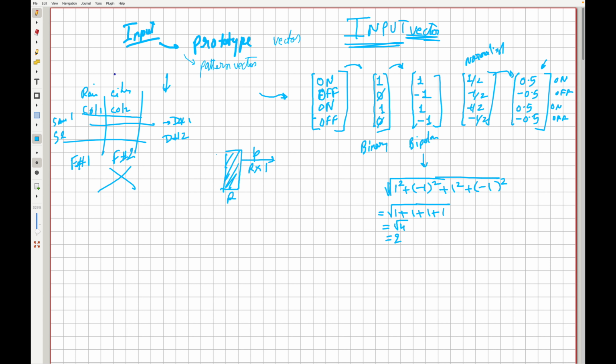Here in this input vector, if I have the values 0 1 1 0, then each of these we can think of as a feature, and this is our data point. So that's the sample, or that's the input.